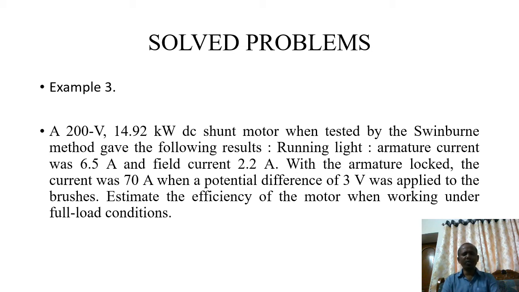A 200 volt, 14.92 kilowatt DC shunt motor, when tested by the Swinburne method, gave the following results. When running at light load, armature current was 6.5 ampere and field current was 2.2 ampere. With the armature locked, the current was 70 ampere when a potential difference of 3 volt was applied to the brushes.